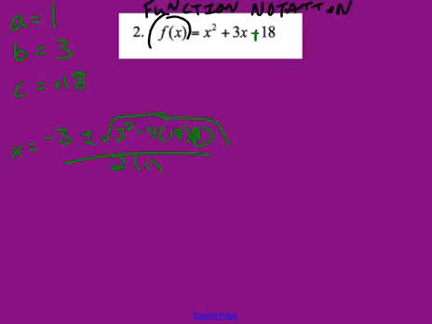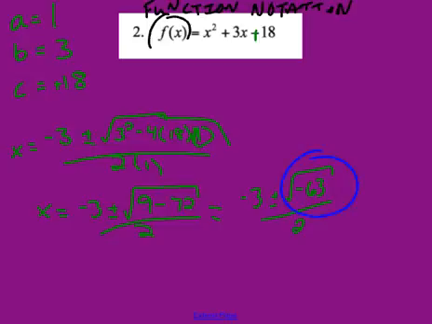Divide by 2 times 1. So what you end up having is x equals negative 3 plus or minus the square root of 9 minus 72 over 2. Okay? This is going to equal negative 3 plus or minus the square root of negative 63 divided by 2. Right now, you don't know how to solve that.